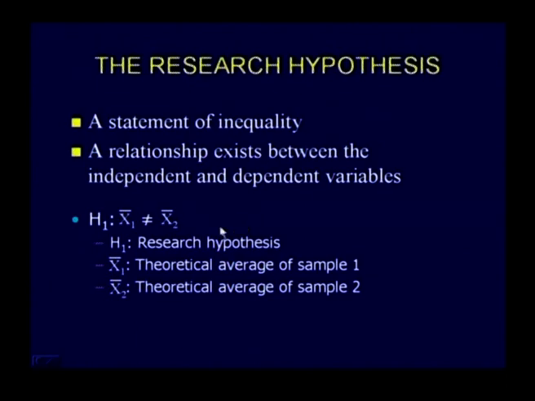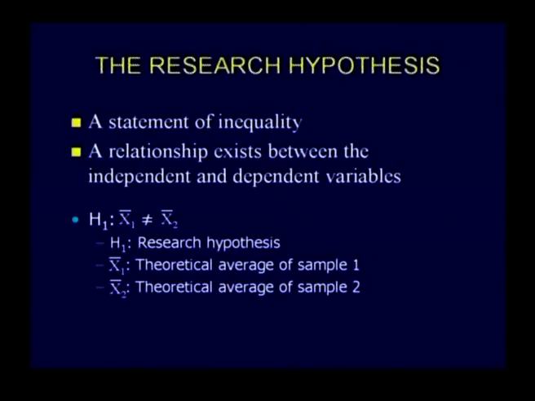And how do we denote it? Scientifically, we call it H1, and we put a colon. And now you see we are not using mu, rather we are using x1 bar. x1 bar is the theoretical average of sample 1, and we say that it is not equal to the theoretical average of sample 2. We use an inequality symbol here.